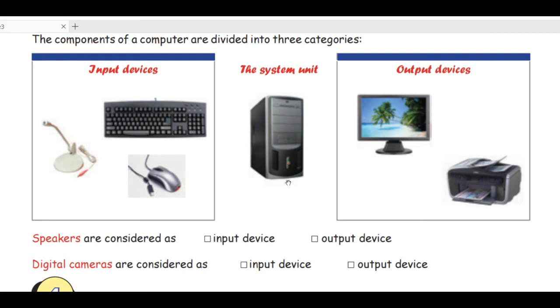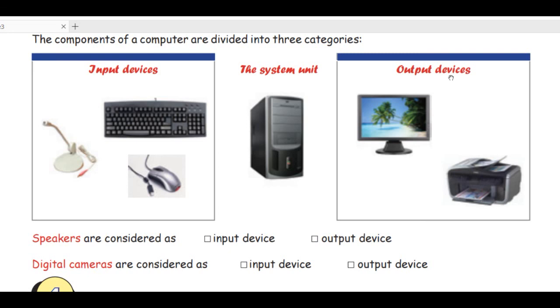And here you explain to them that an input device is everything that can input information or give information to the system unit. So the microphone can input voice, the mouse can input selection, can draw, the keyboard can input text, the camera can input a picture, and so on.